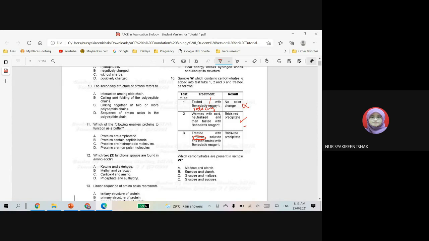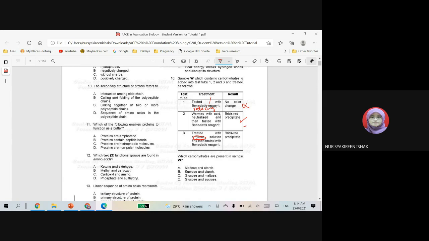When you eat food, for example rice or bread, the amylase in your saliva will break down the starch into smaller molecules. It can be disaccharide, it can be monosaccharides.